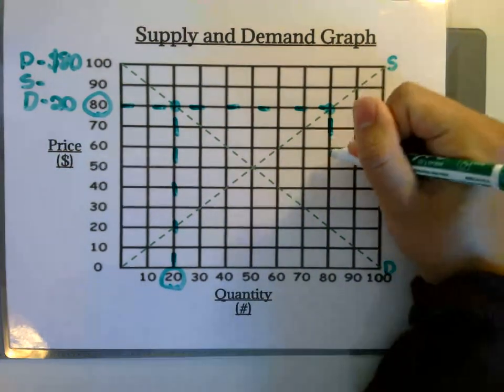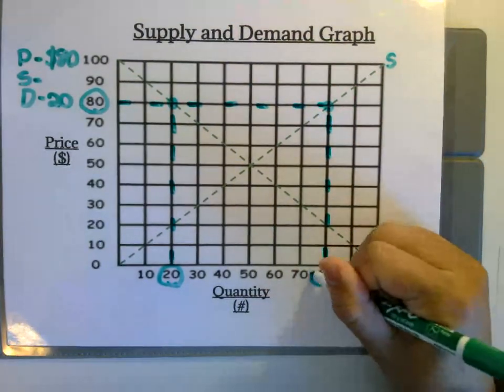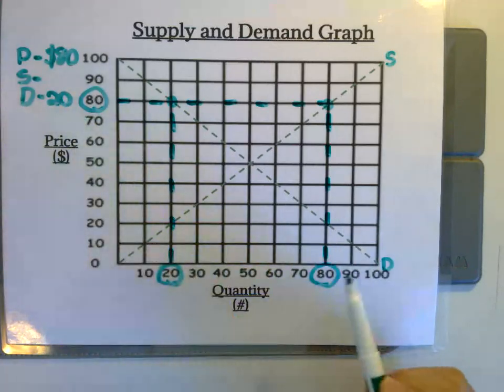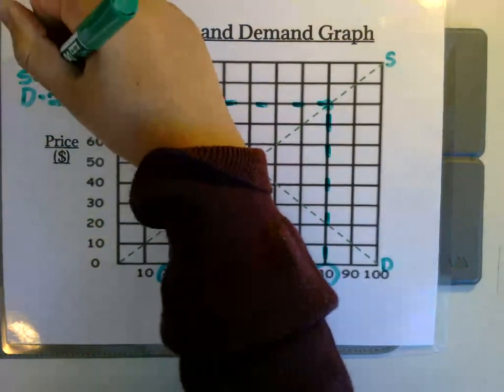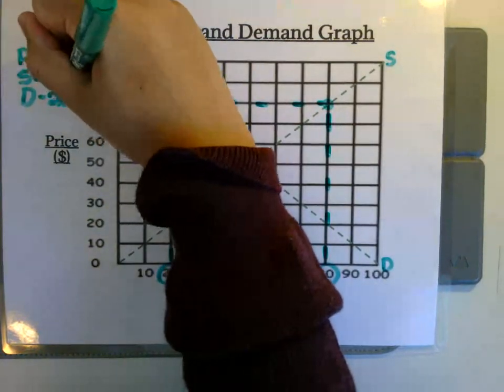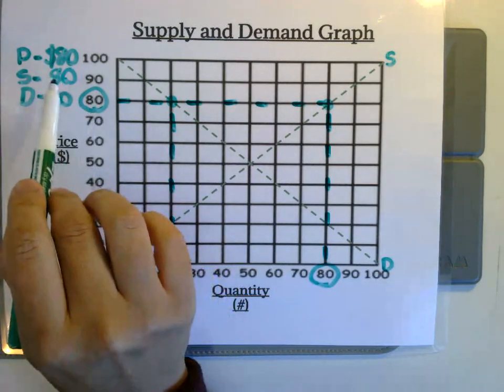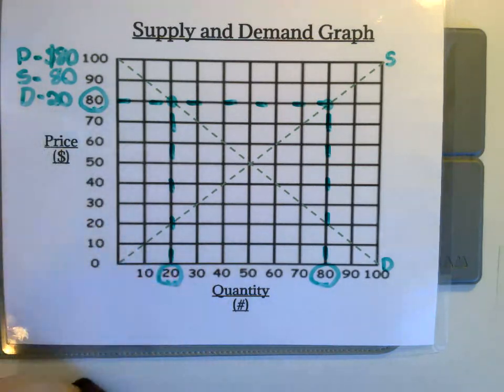Then we go down and we can tell that at $80, 80 shoes or 80 units will be produced or supplied. So that is your first equation. You have at $80, 80 shoes being made or produced, and only 20 being demanded.